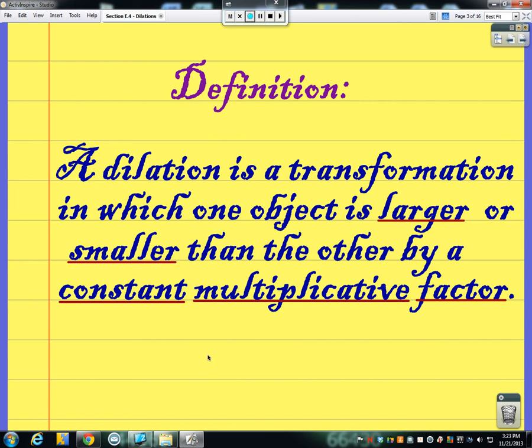That just means that if we had a triangle, and one triangle was twice the size of the other, we mean that one side is twice the side of its preimage. The second side is twice the size of its preimage, and the third side is twice the size of its preimage. So it's not that one side can be twice the size, one side can be 3 times the size. It's by the same, that's what I mean by constant multiplicative factor.